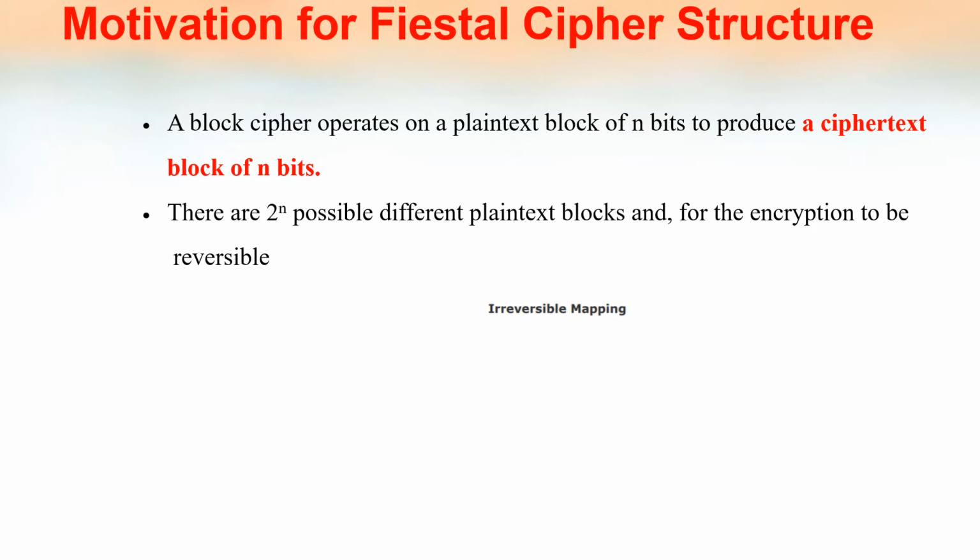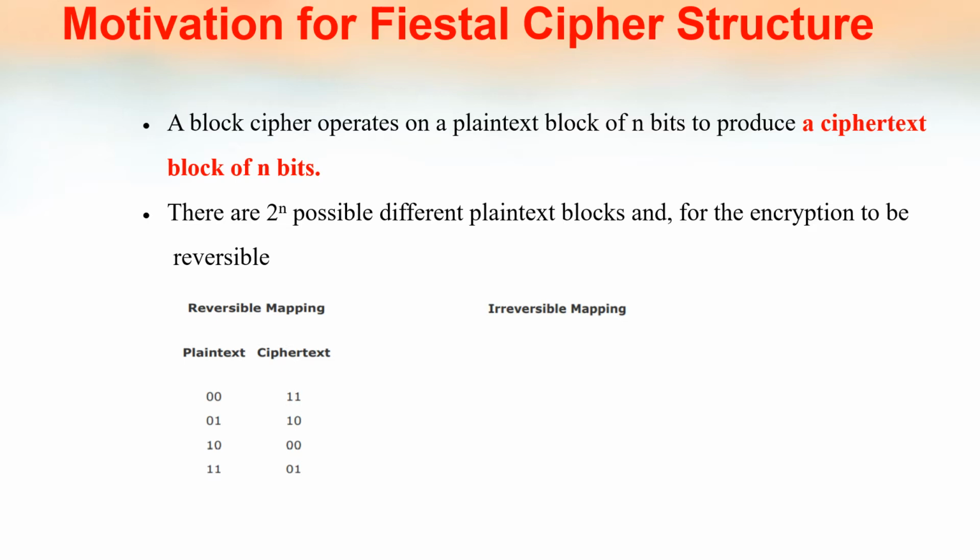And in the plain text to ciphertext mapping, there are 2 types of mapping. One is the reversible mapping and the next is the irreversible mapping. Reversible means once we convert from the plain text to the ciphertext, we should be able to convert back. That is, from ciphertext, we should be able to identify the plain text.